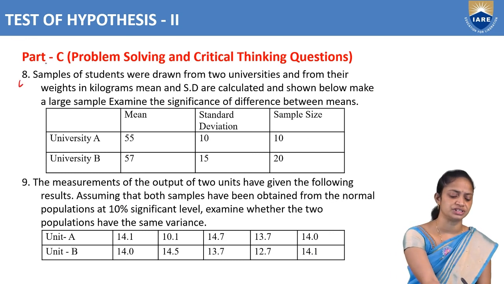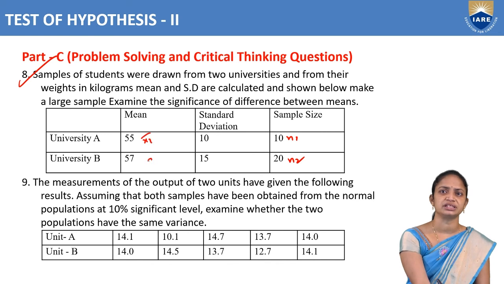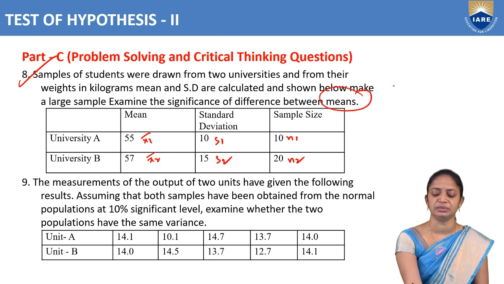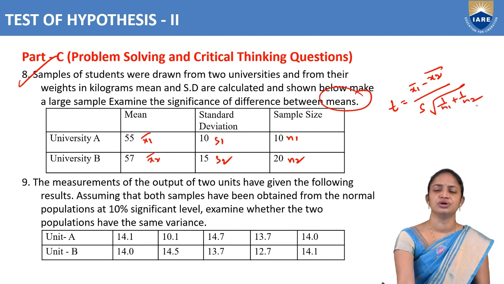So for the 8th question, here they have given means, standard deviations and sample sizes. So this is n1 and n2. Means are nothing but x1 bar, x2 bar, and standard deviations s1, s2. Here the question is to examine the significant difference between the means. Means means here we have to use x1 bar minus x2 bar divided by s into under root of 1 by n1 plus 1 by n2.